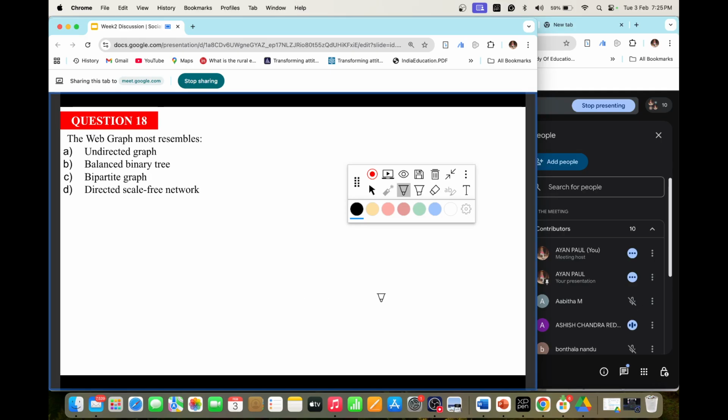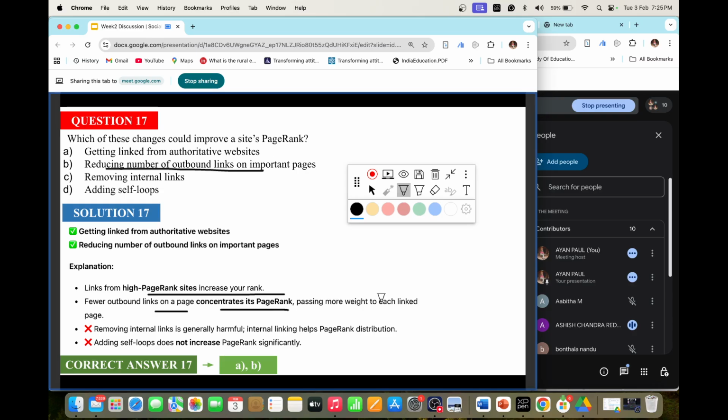Can we discuss that it depends on quality and input, right? But here it is saying output. I didn't get reducing the number of outbound links. Fewer outbound links on a page concentrate PageRank, passing more weight to each linked page.